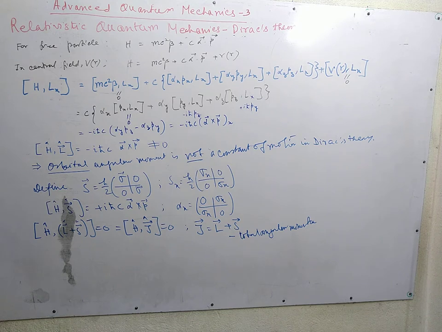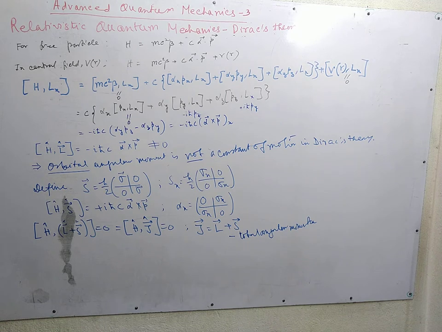From this treatment we see that spin is a concept that comes from the relativistic theory of the electron. You do not have to add spin in an ad hoc manner in the theory to match the theoretical prediction with the experiment, but the existence of spin comes from Dirac's theory as an automatic choice.